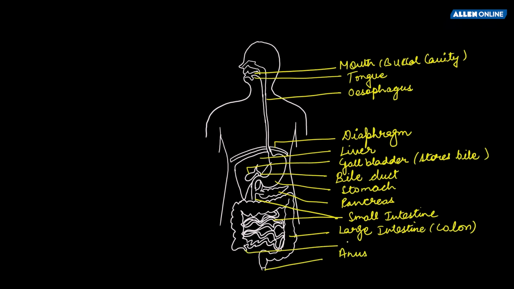And the vestigial organ appendix. So like this we have to label all the parts, and now we are going to write the name of the diagram here, the human alimentary canal. So we will write human alimentary canal at the bottom, and now we will underline it.